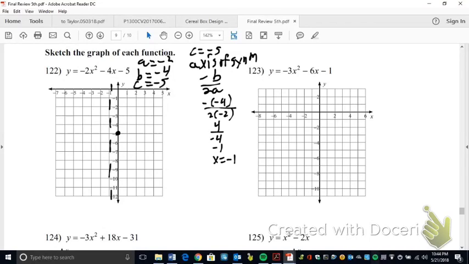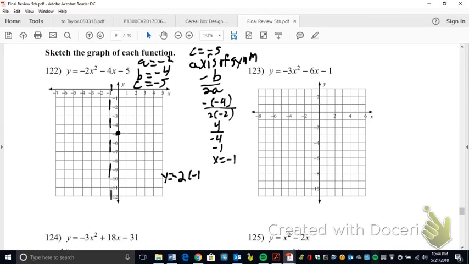How we find our vertex is we take that negative 1 and plug it back in, because that tells us the point at which our function crosses over that axis of symmetry. It tells us what our y value is when x equals negative 1. That's going to give us a point, and that point is going to be our vertex.